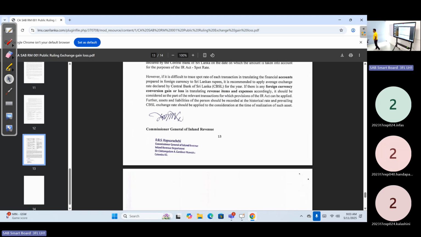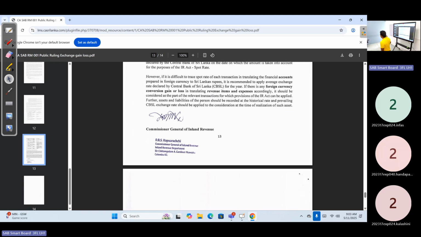In case of assets and liabilities, we have to use the historical rate, and once it's realized, the exchange rate on the day that asset or liability is realized, then the gain or loss will be considered. Is that clear? Right.